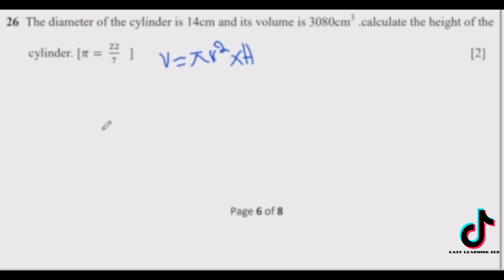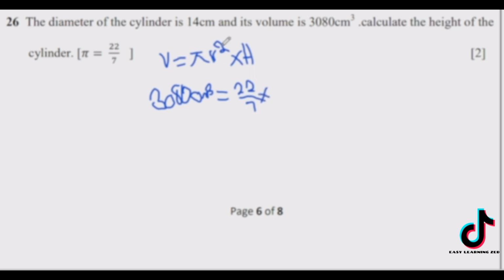Okay, so now in this question we are given the volume, which we want to use. The volume we are told is 3080 cubic centimeters, which is equal to pi, which we are told is 22 over 7, then times radius.